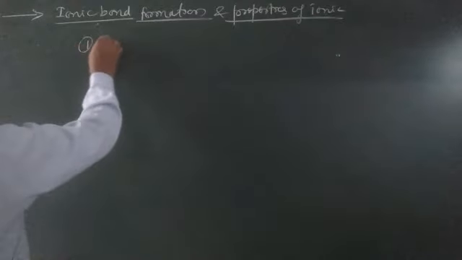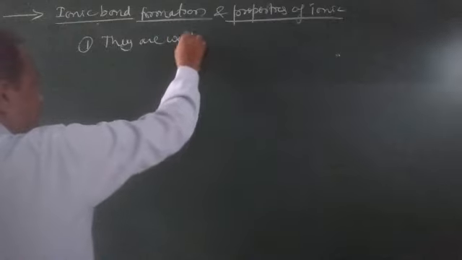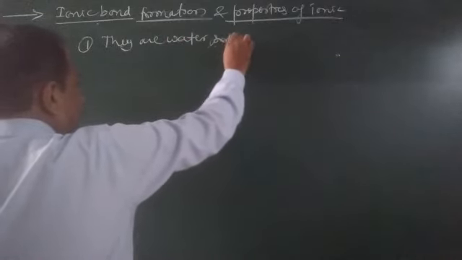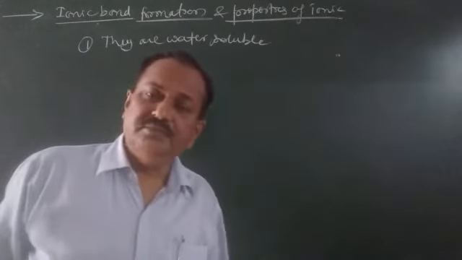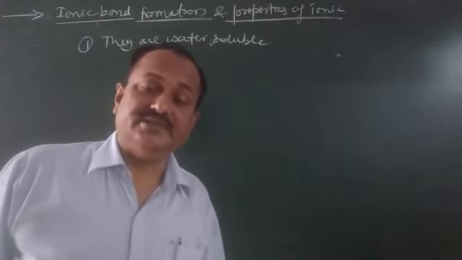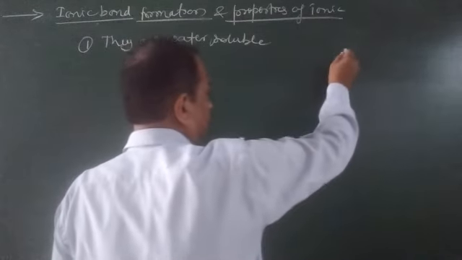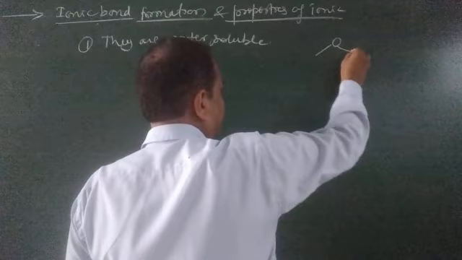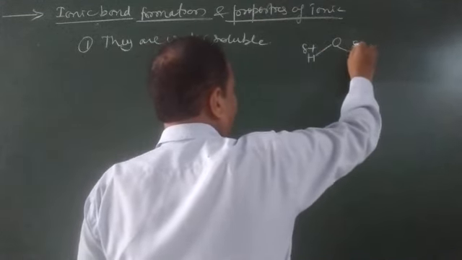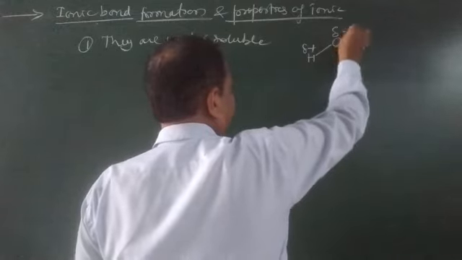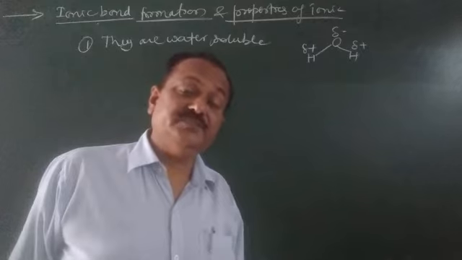So the first property is that they are water soluble. Ionic compounds are water soluble. Why? Because water has a polar nature. Polar nature means if you draw a water molecule, the structure will be like this, and here hydrogen has a delta positive charge and oxygen has a delta negative charge, and this is the polar nature.